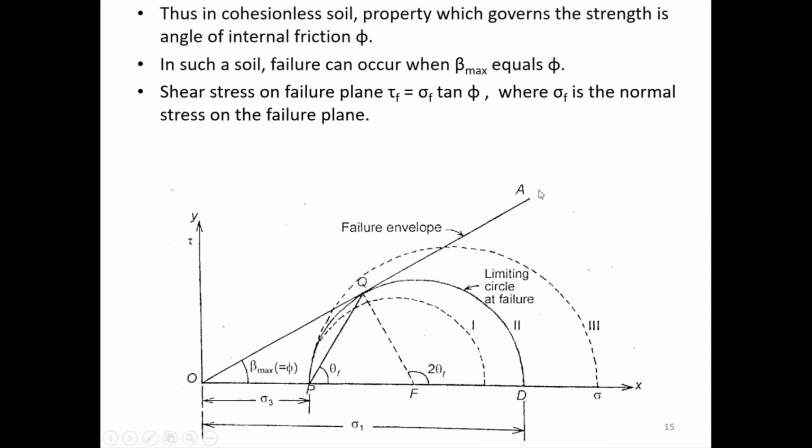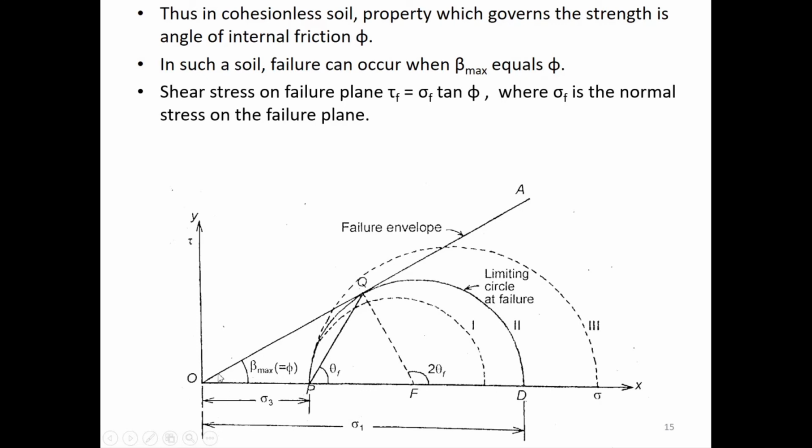See this line, correct? So for every sigma along this line, if you multiply it with tan phi, you will get a point tau 1, sigma 1. Suppose till this distance it is sigma a.